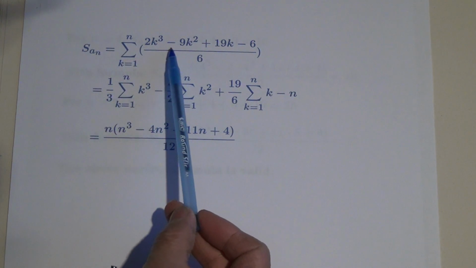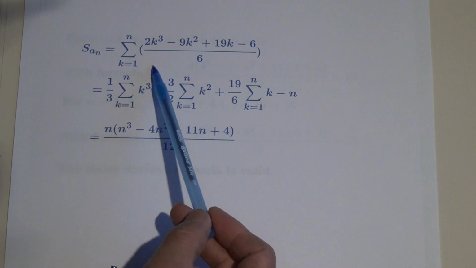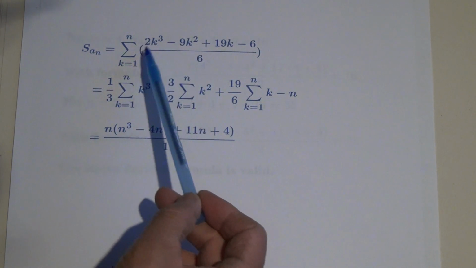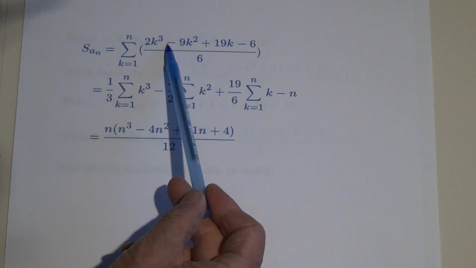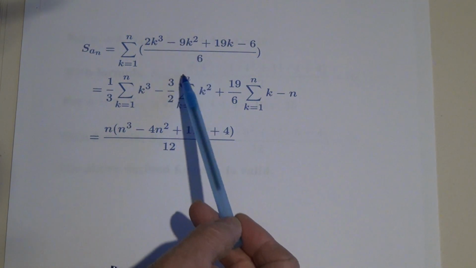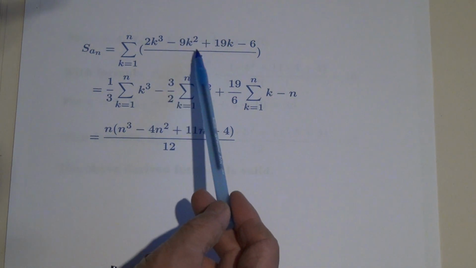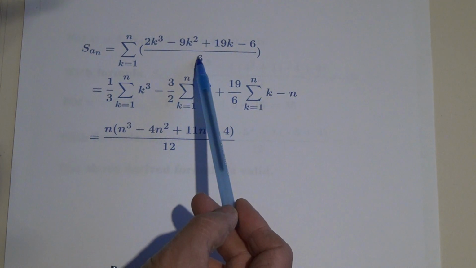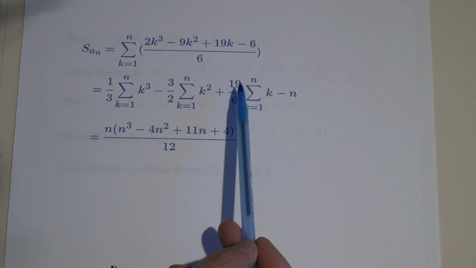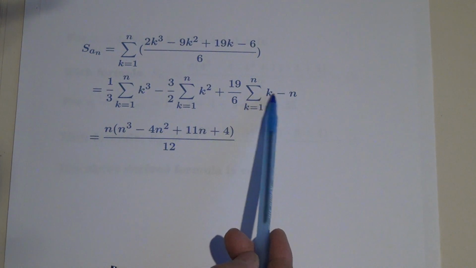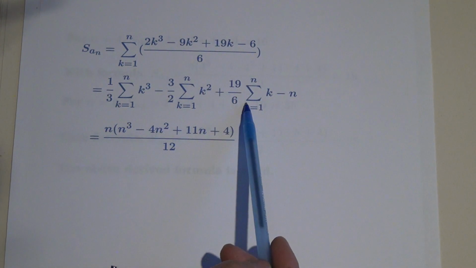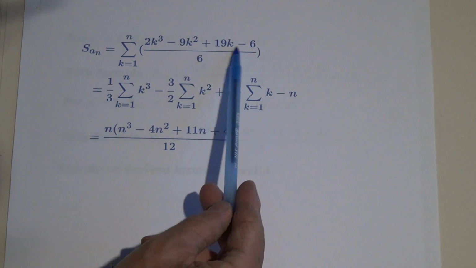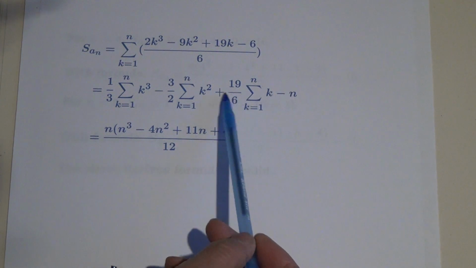Okay, and then you expand: 2 and 6 reduce to 1 over 3 sigma k cubed; minus 9 over 6 will be 3 over 2 sigma k squared; and 19 over 6 sigma k, no common factor so you cannot reduce; minus 6 and 6 cancel, so you have only 1n.